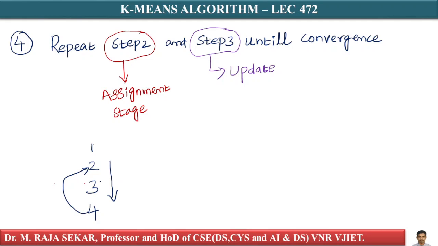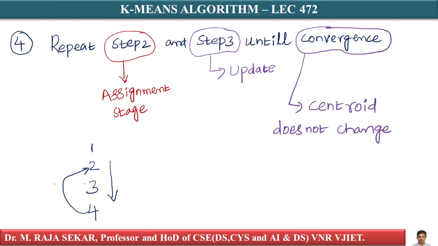So what is convergence? Convergence basically means your centroid does not change much. At the starting stage we have a set of centroids C1, C2, Ck. At the end of the update stage, you have new centroids.